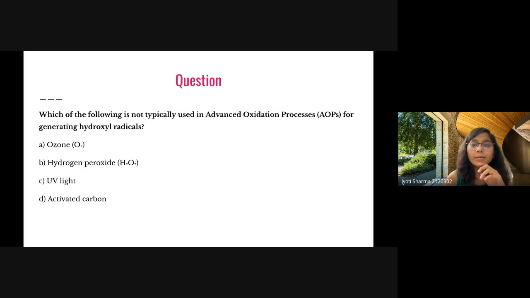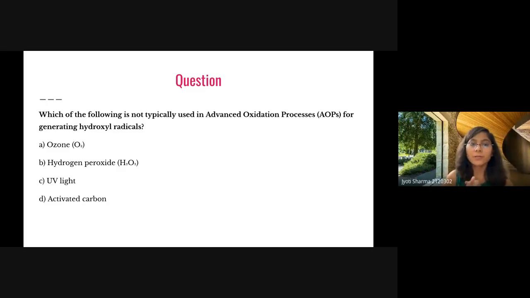Okay, so we can generate this hydroxyl radical using different compounds. So you have to give me the answer, and they have already given me. Which of the following is not typically used in advanced oxidation process for generating hydroxyl radical? So how can we generate this hydroxyl radical?